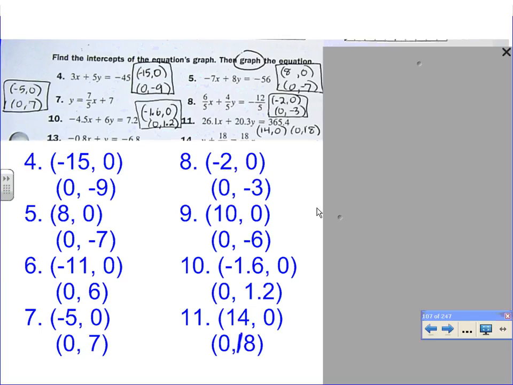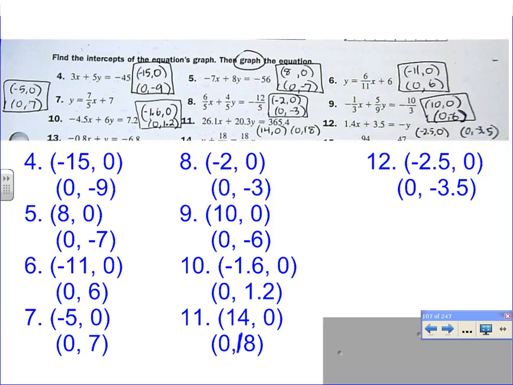Y equals 0, negative 3.5, x... What are you this time? Negative 2.5. So 12, x is negative 2.5, y is 0, negative 2.5.